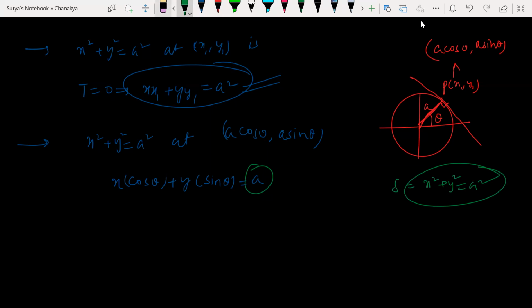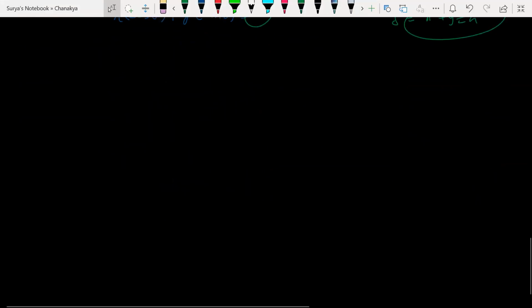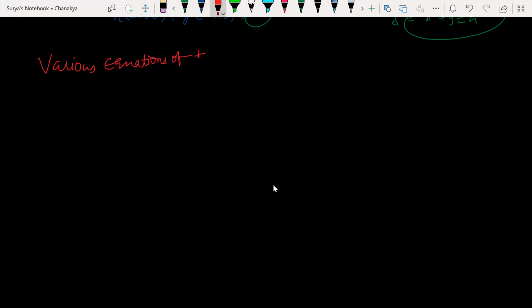Now we'll talk about various equations of tangents of a circle. देखो इसमें क्या होता है, दो होता है. स्लोप फॉर्म क्या होता है?